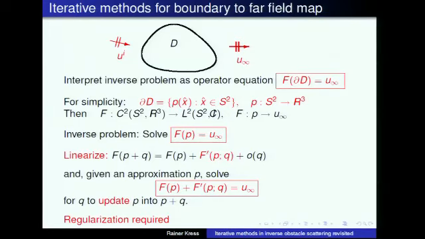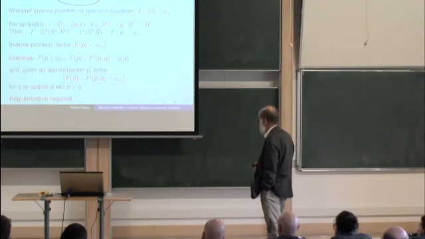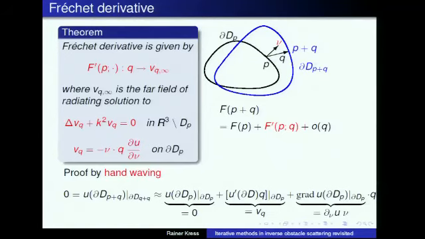And since the derivatives, the Fréchet derivative is sitting here, of compact operators are again compact, the linearization inherits the ill-posedness of the original problem, therefore regularization is required. And for the Fréchet derivative, we have a theorem that characterizes the Fréchet derivative. So what is the Fréchet derivative doing?